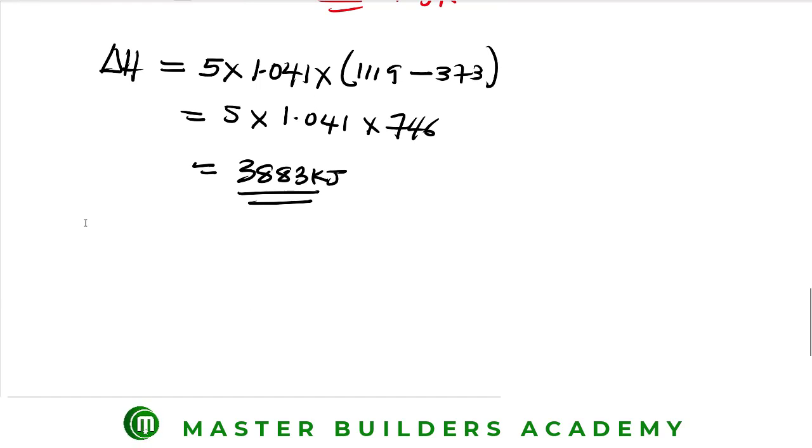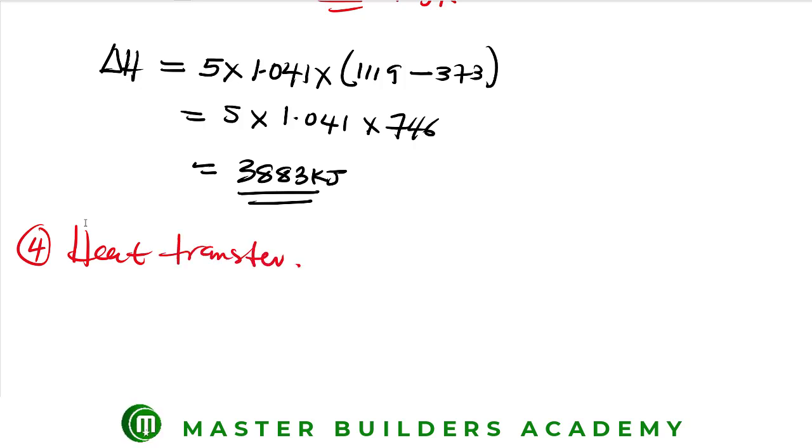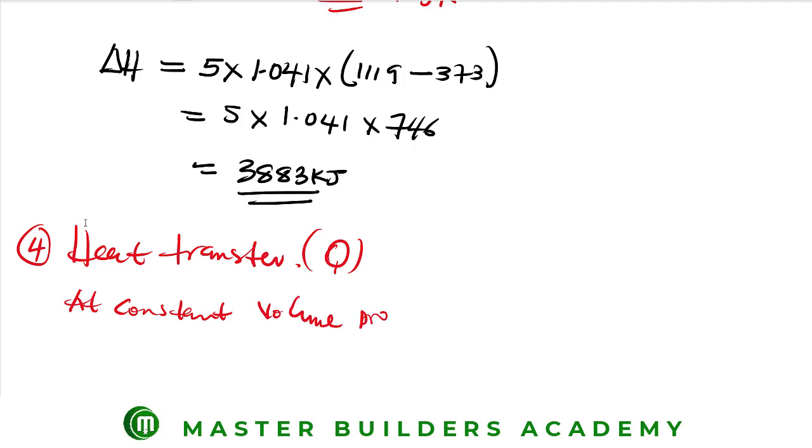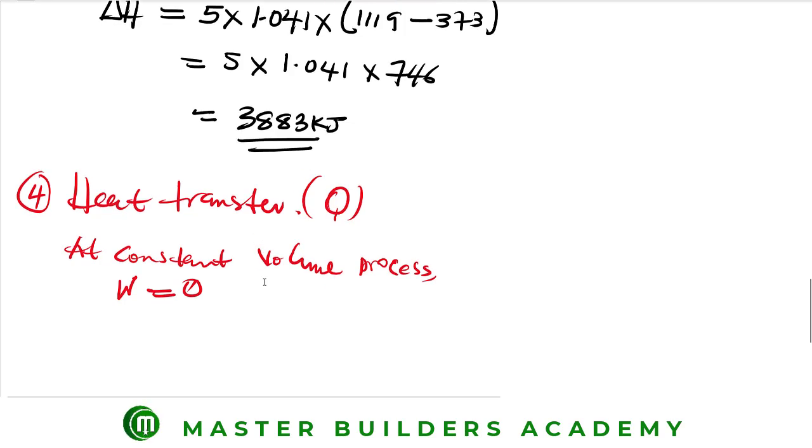We have heat transfer, which is Q. So to find heat transfer, understand that at constant volume process, work done W is always equal to 0. No work is done, so it means work done is equal to 0.